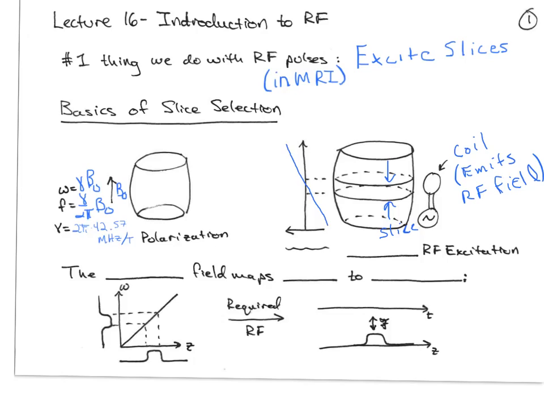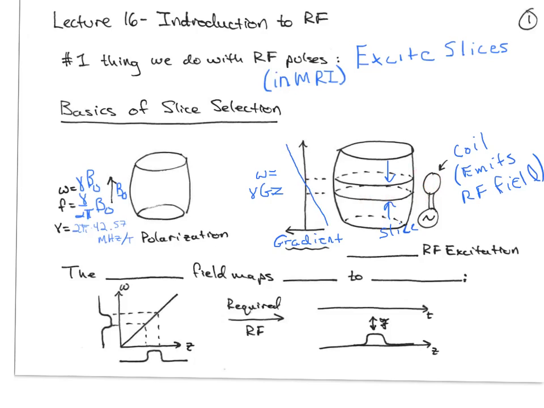And what the gradient does, this is the gradient field, is it's going to create a frequency distribution given by omega equals gamma times G times Z, where Z is the spatial location, usually quoted in meters or centimeters. So we turn on the gradient at the same time as the RF is emitting waves into the body.